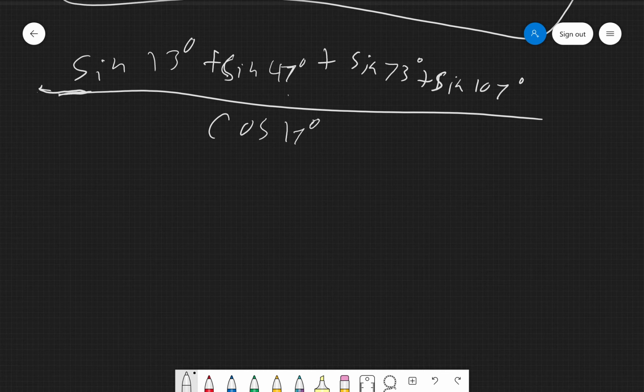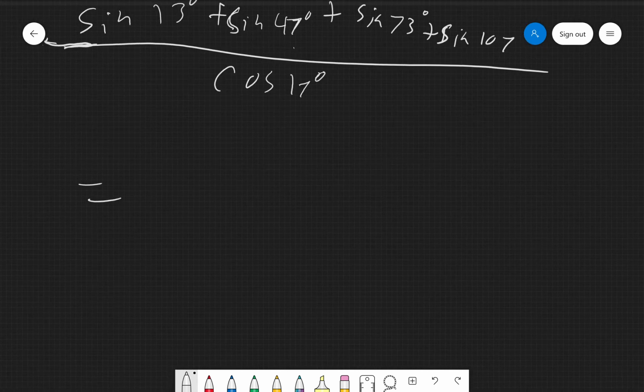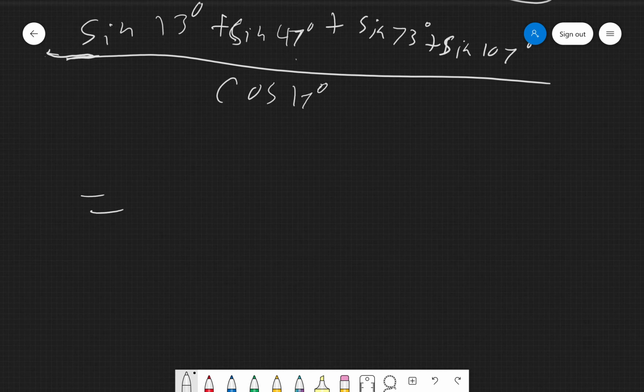So now, let's do this. That is equal to, I know it's spicy. If you use sum and product, what's the sine of A plus the sine of B? I kind of forgot it.